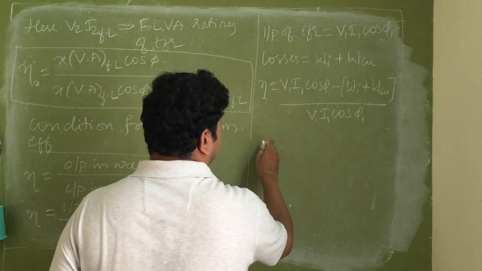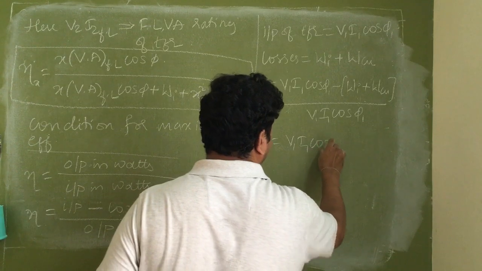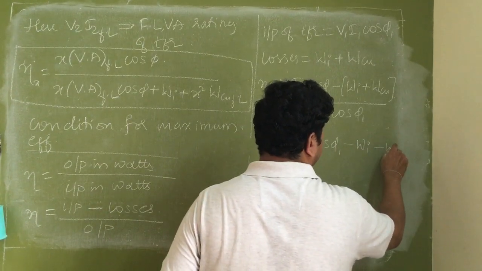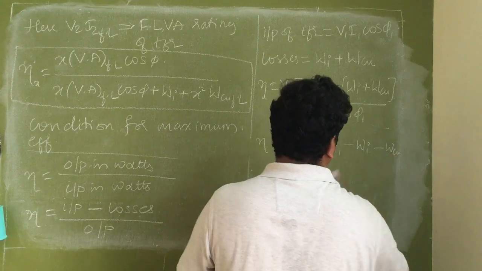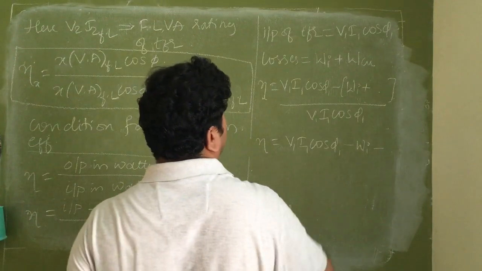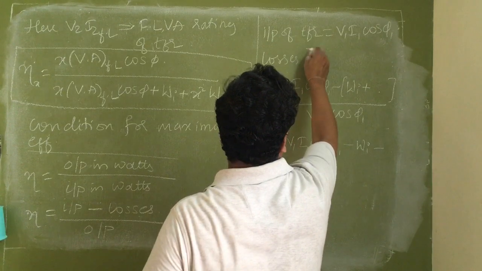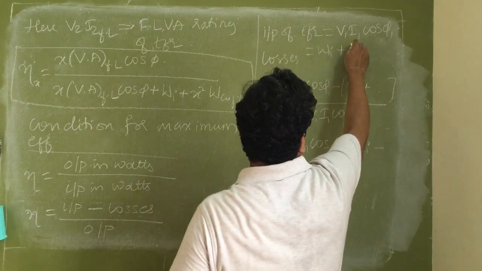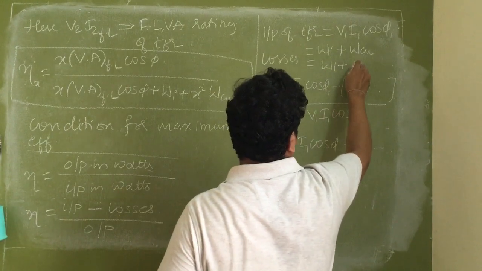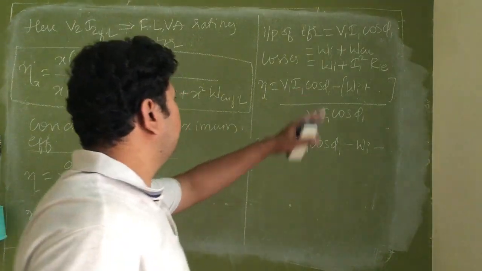So efficiency eta equals V1 I1 cos phi 1 minus Wi minus WCU divided by V1 I1 cos phi 1. The losses equal Wi plus WCU, which I will write as Wi plus I1 square R1e, because I am taking input as V1 I1 cos phi 1.